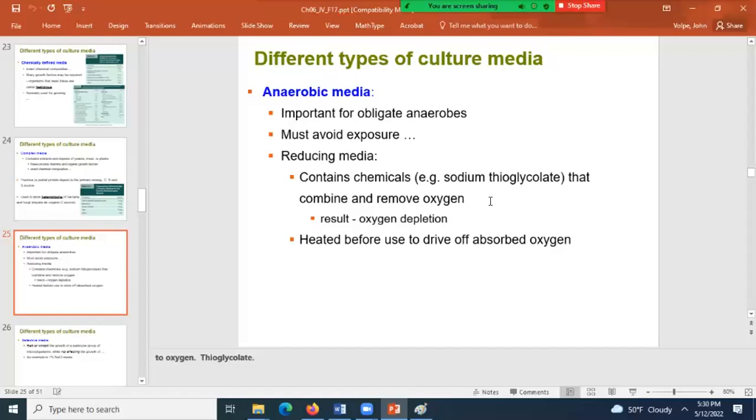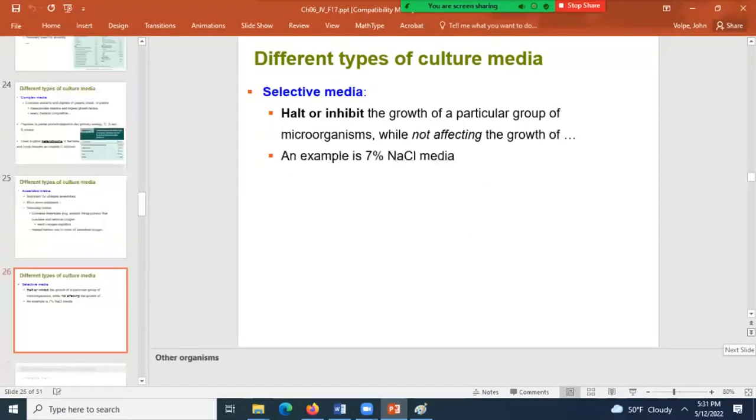What you do is you heat the media before you use it, and when you heat the media, it drives off any absorbed oxygen that was in the water or in the media when you made the media. And then the sodium thioglycolate will pull out the oxygen from the media, at least at the bottom of the tube. Any question about any of that?